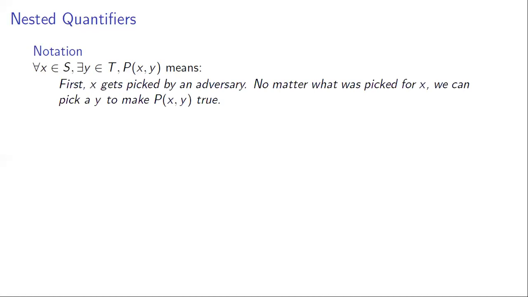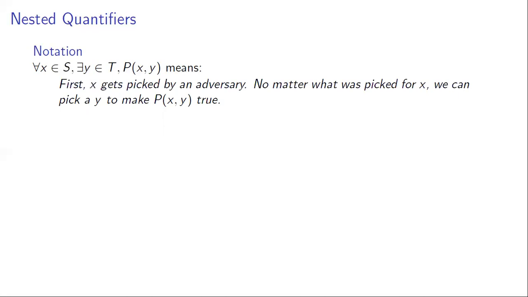But so first, x gets picked by an adversary. Okay, so for all x in S, meaning x could be anything that is picked by an adversary. Now, no matter what was picked for x, we can pick a y to make P of x comma y true.